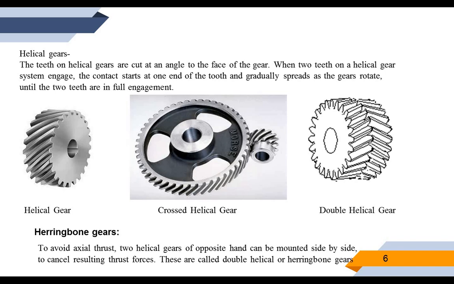At the beginning of engagement, contact occurs only at a point on the leading edge of the curved teeth. As the gears rotate, the contact extends along a diagonal line across the teeth. Thus the load application is gradual, which results in low impact stresses and reduction in noise.